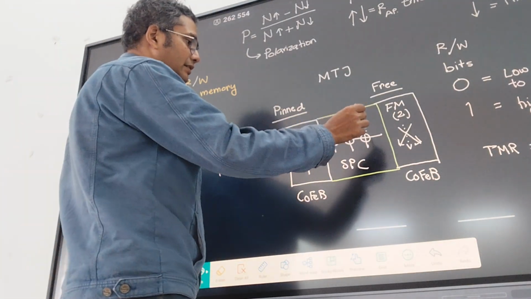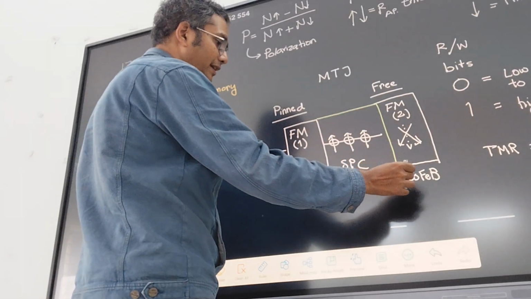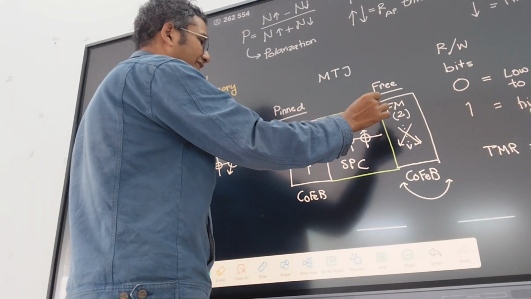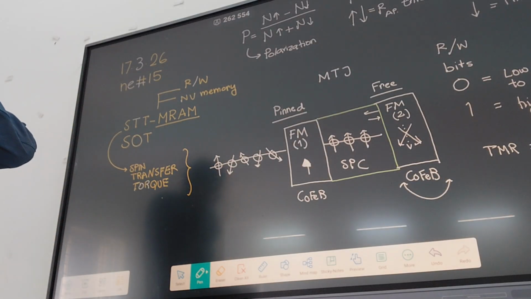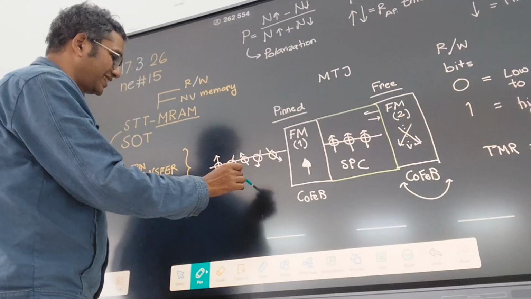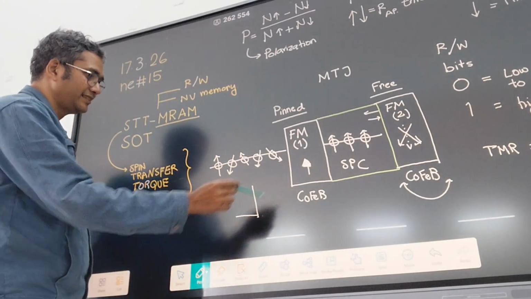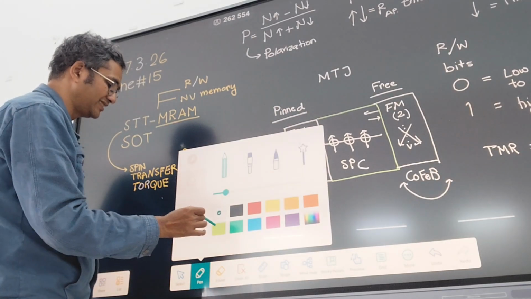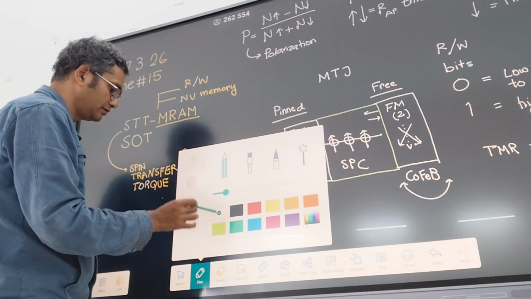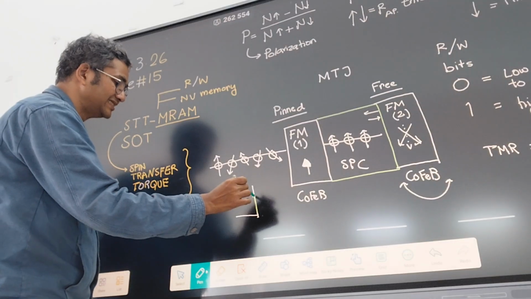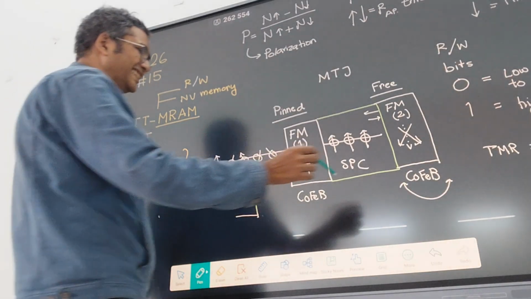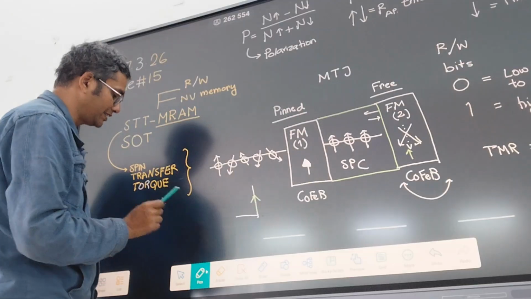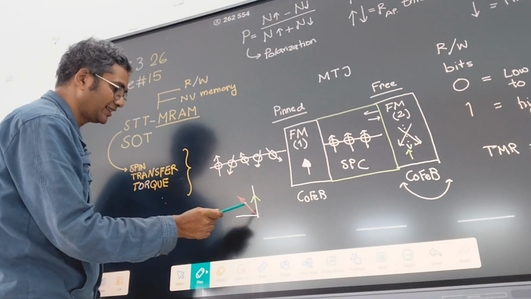So when this current reaches the free magnetic layer, a torque is generated here. How is the torque generated? Take this axis, and suppose the magnetization direction of the free magnetic layer is like this, in this direction. So the free one is this, and the current coming in has a direction in this direction. All the currents are in this direction.